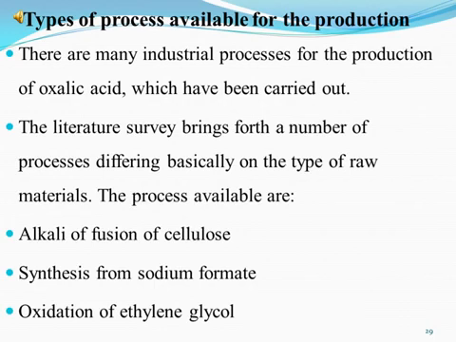Now, types of process available for the production of oxalic acid. There are many industrial processes for the production of oxalic acid which have been carried out. In other words, the literature survey brings forth a number of processes differing basically on the type of raw materials.